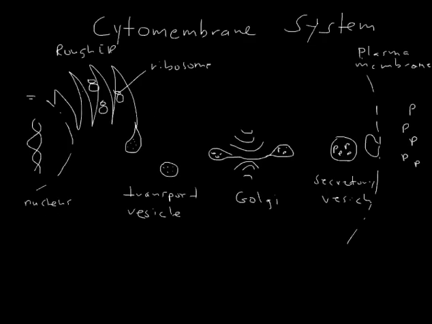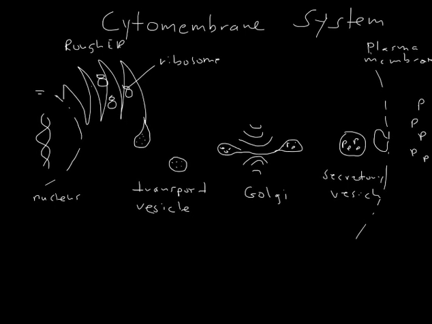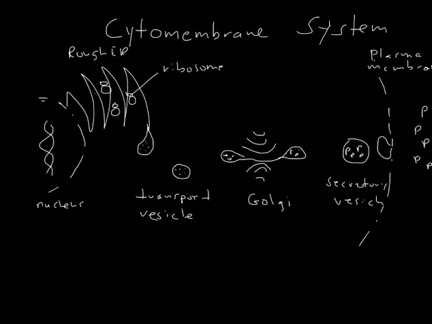The cytomembrane system is a cell process involving cellular organelles that carry out protein synthesis and transport proteins out of the cell. In the nucleus, a section of DNA is copied into RNA. RNA is used to assemble amino acids into proteins at ribosomes.